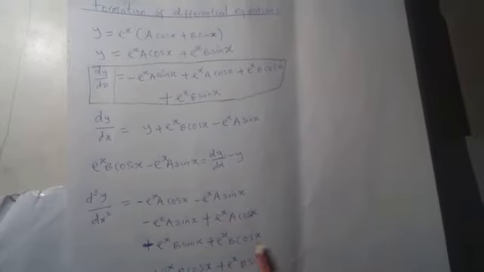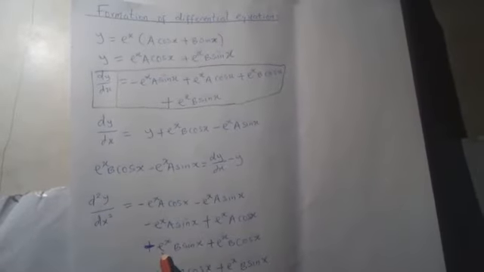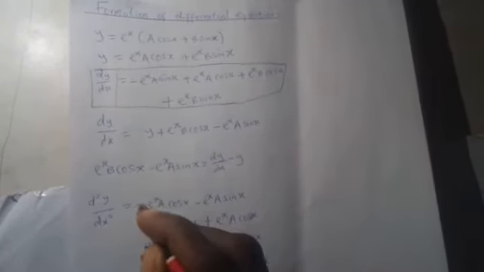I have negative exponential x a cos x here, and I also have negative exponential x b sin x. So these two is negative y if I add them together. Do you know that? So I have d squared y over dx squared to be equal to, this is negative y.